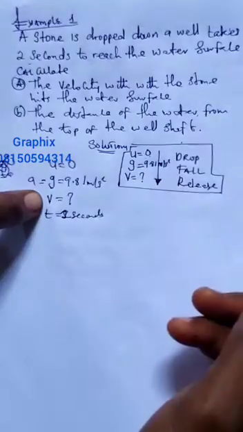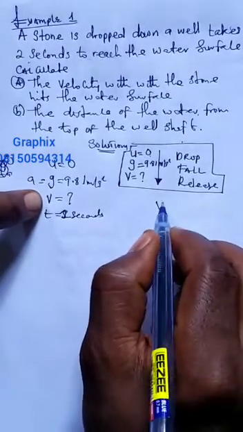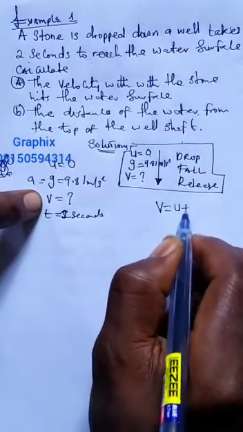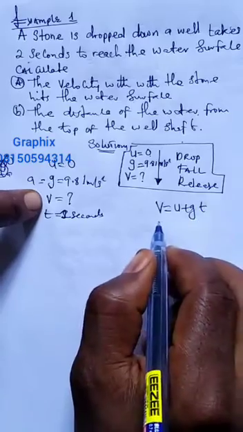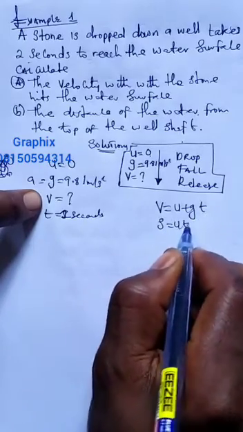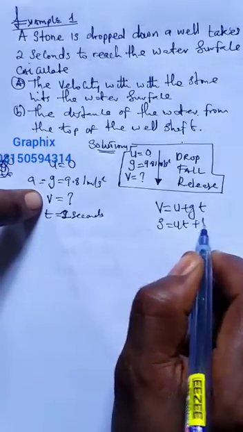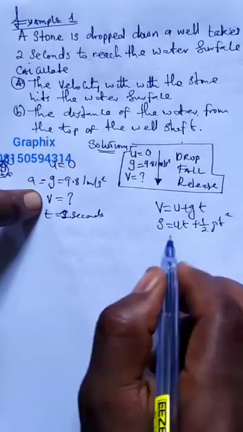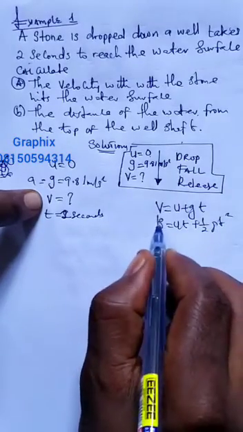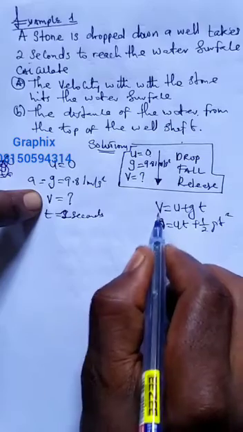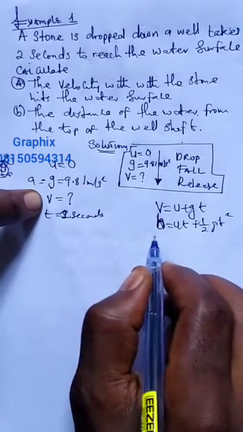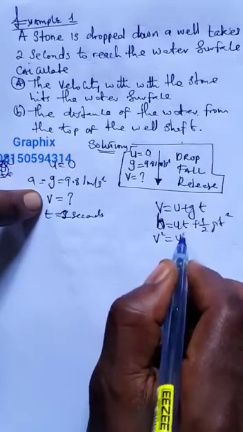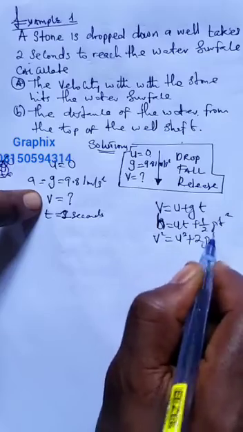So we have a variety of them, the three of them. We have v is equal to u plus gt. We have s is equal to ut plus half gt square, I'm going to call it h, right? Because it's only from a height. And we have v square is equal to u square plus 2gh.